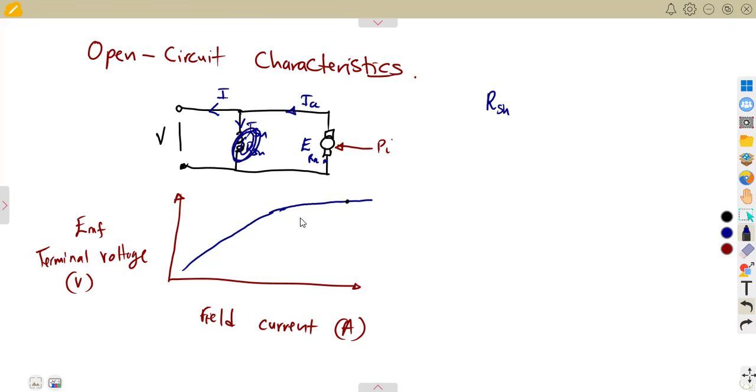From the concept of voltage over current, it is representing the change in voltage over the change in current, which is the field current.